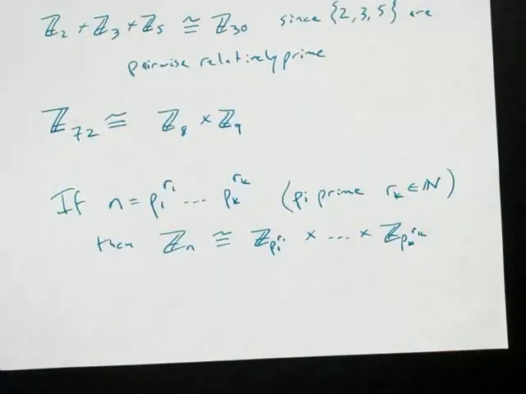Eight is 2 cubed, 9 is 3 squared. So there's the pi and the ri in each case.